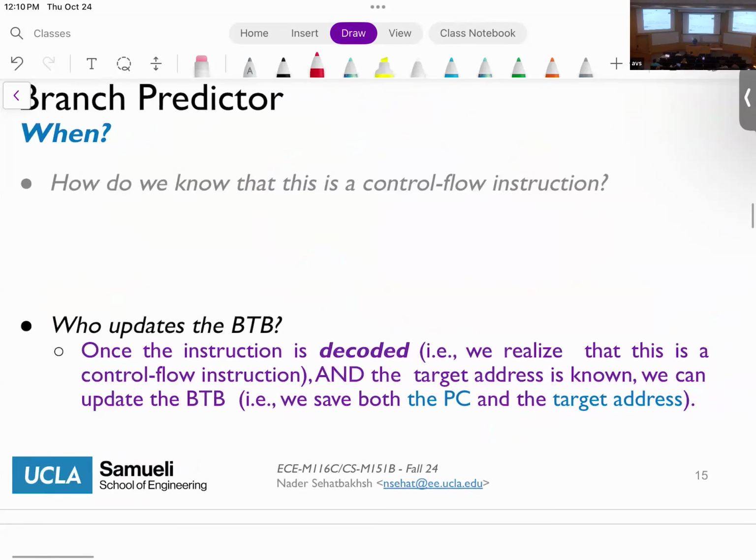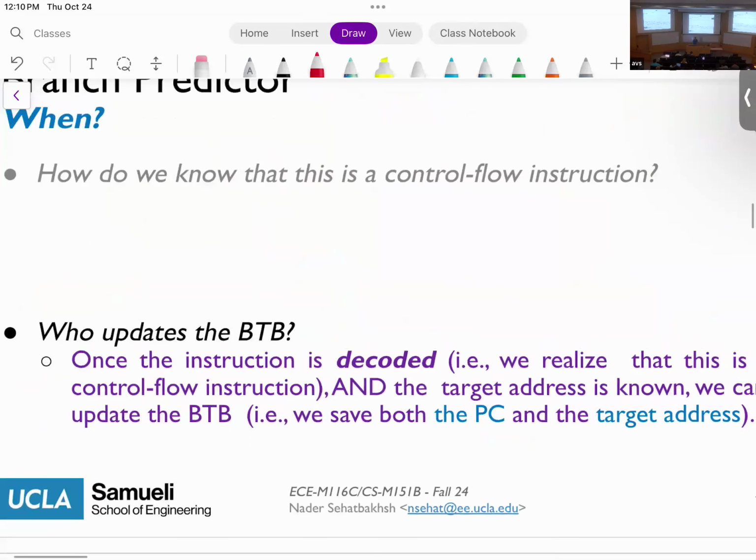All right. So the way that we're going to update the table is the following. We know that this is a branch instruction for sure when we decode the instruction. We also know the target address of the branch in the decode stage, right? We already showed you how to calculate the target address in the decode stage.